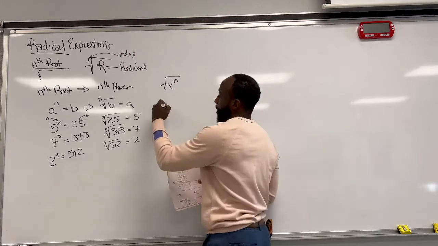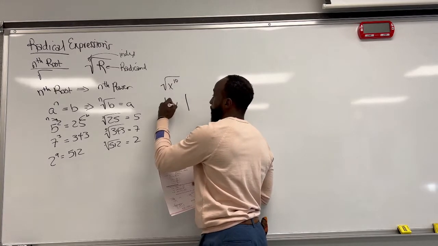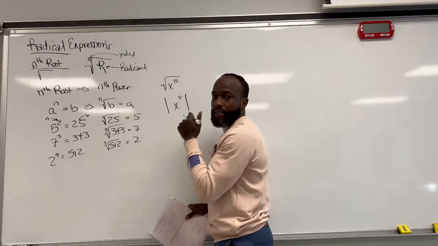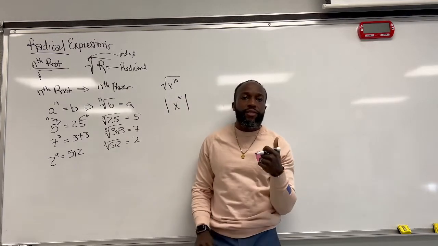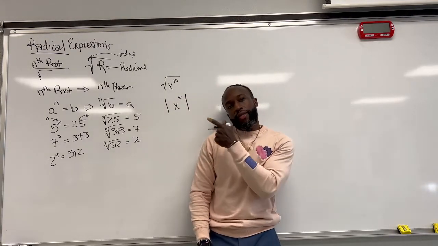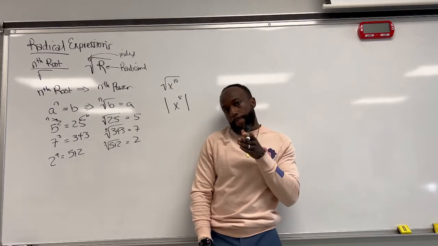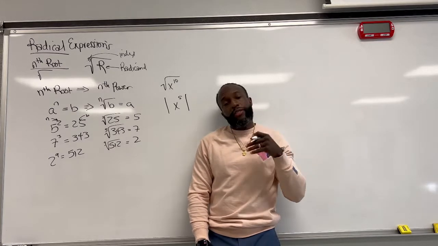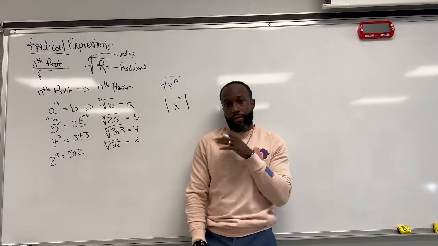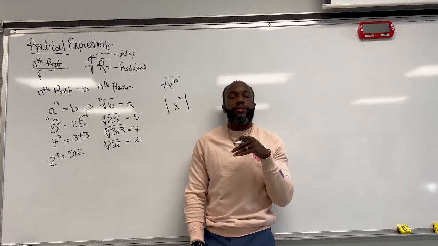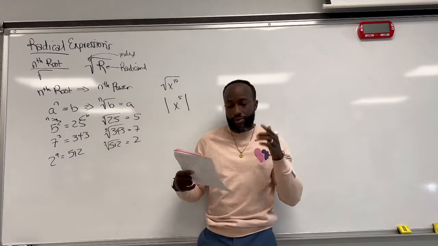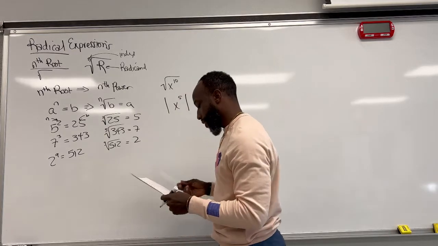So the solution would be the absolute value of x to the 5th. Anytime you're taking an even root of an even power, and it works out perfectly, then the answer is going to have an absolute value bar. So we're going to look at some examples now.